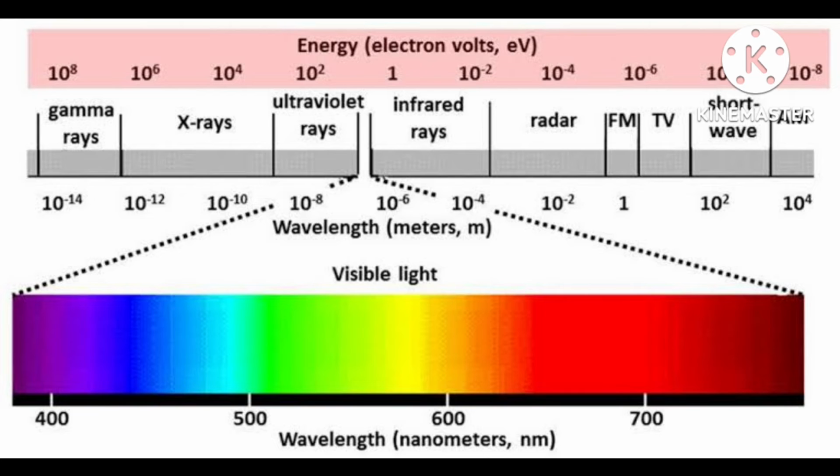The frequency is nu, and the wavelength is lambda, which looks like a reversed y. The velocity of light c, frequency and wavelength are related by this equation: c is equal to nu into lambda.